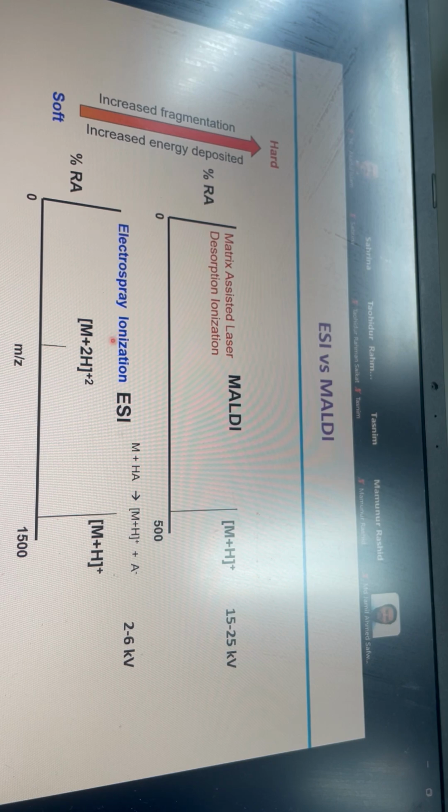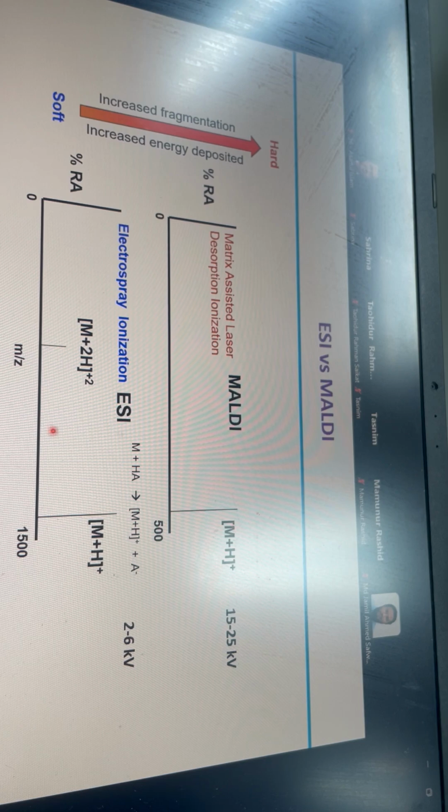In electrospray ionization, you prepare your sample with organic solvent, and you apply 2 to 6 kilovolts of energy, and you generate a lot of charge states, because you are generating ions from liquid to gas. But in matrix assisted laser desorption ionization, you are generating ions from the solid, and you need to apply very high voltage, and you may only see one or two charge states.